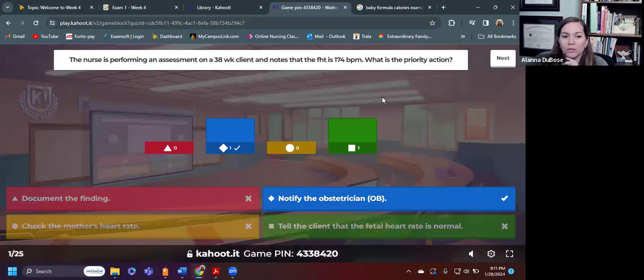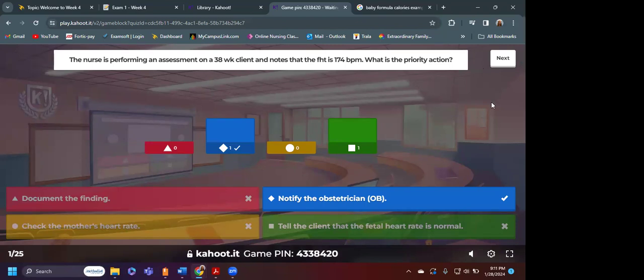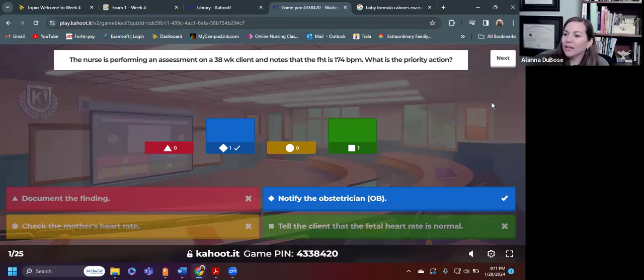What is the normal range for fetal heart tones that we would expect? 110 to 160. Good. So 174 is significantly high if that's the baseline that we're seeing on a fetal heart rate tracing, and that would be something we'd want to notify the physician about.